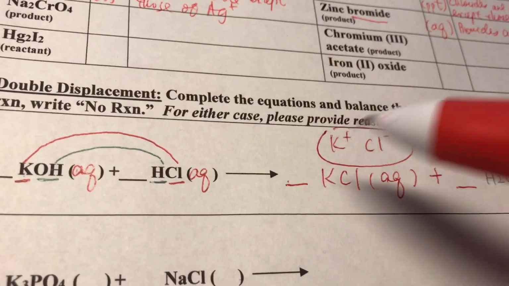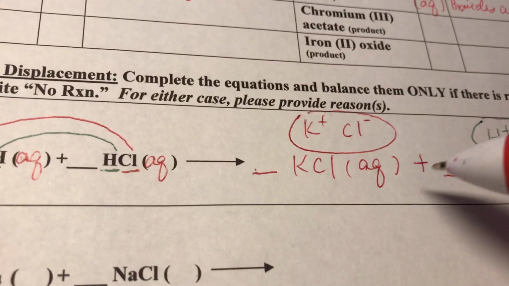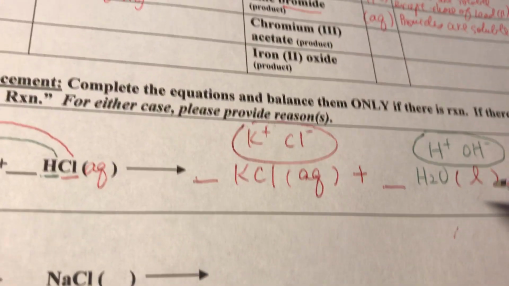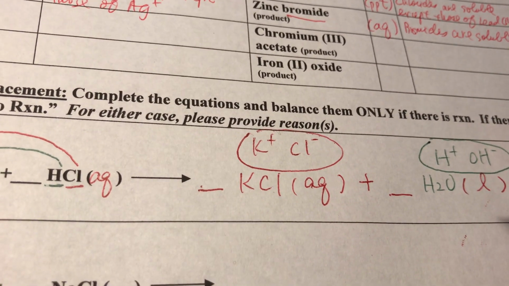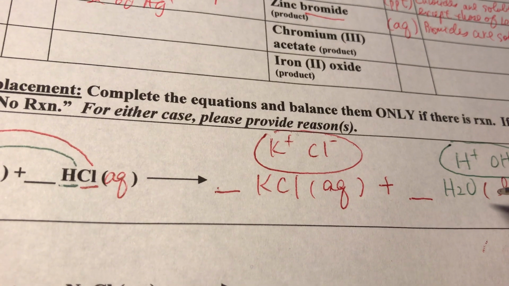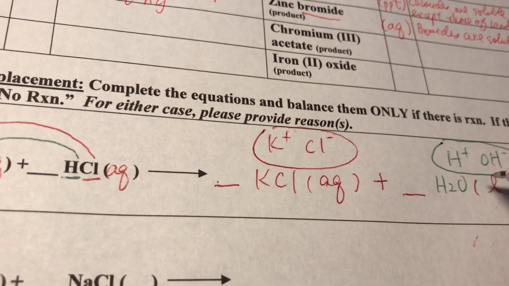Now, AQ means the reaction has the chance to take place. For the products, one of them must be either water, gas, or precipitate. Here I do have water. So do you have a reaction? Yes, because one of the products, H2O, is formed.